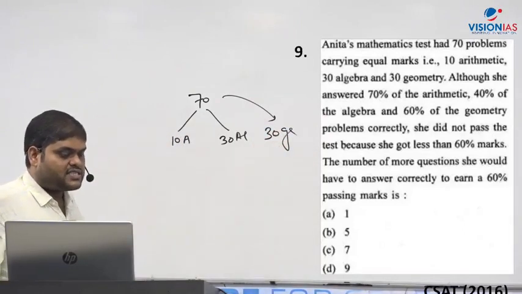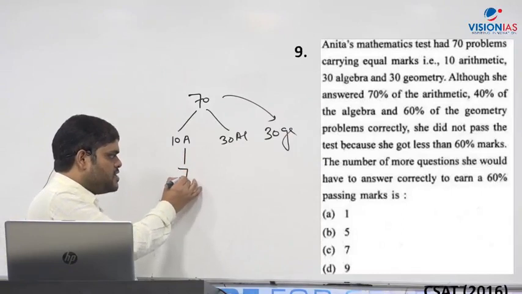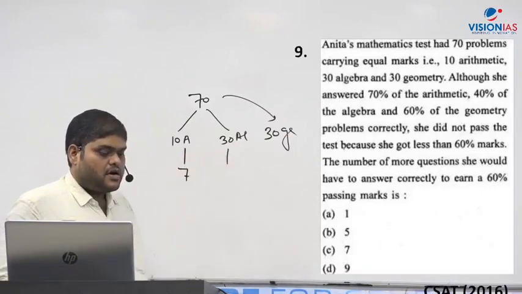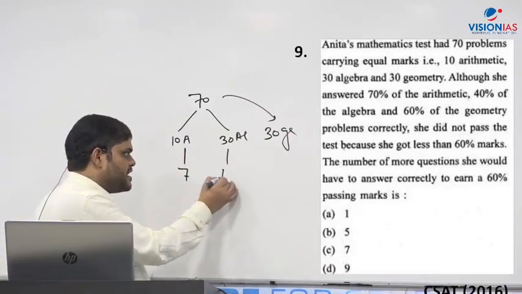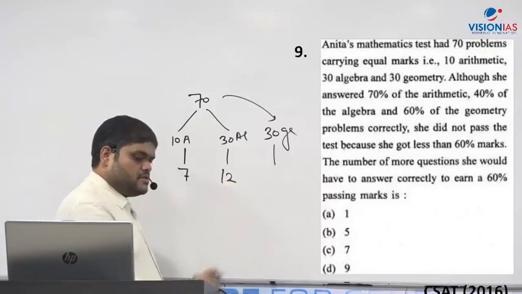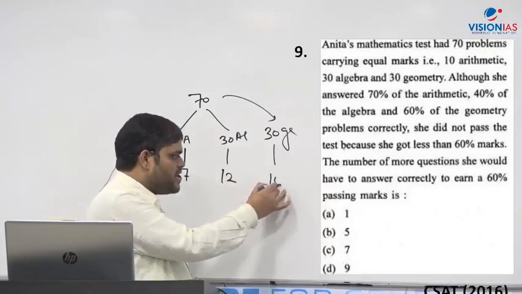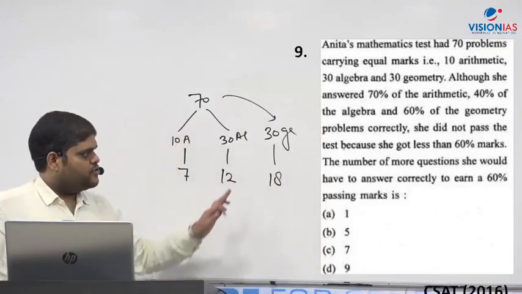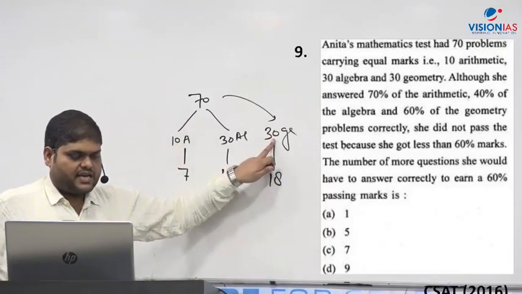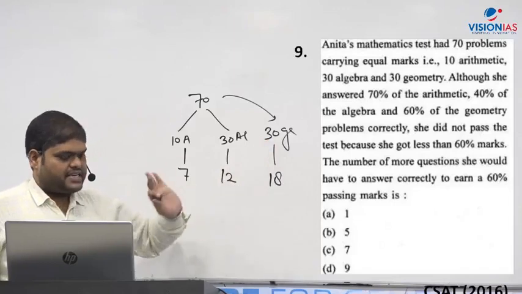Although she answers 70% of arithmetic, 7 here, 40% of algebra, 12 here, and 60% of geometry, 18 here, and you know 10% is 3, so 60% becomes 18.